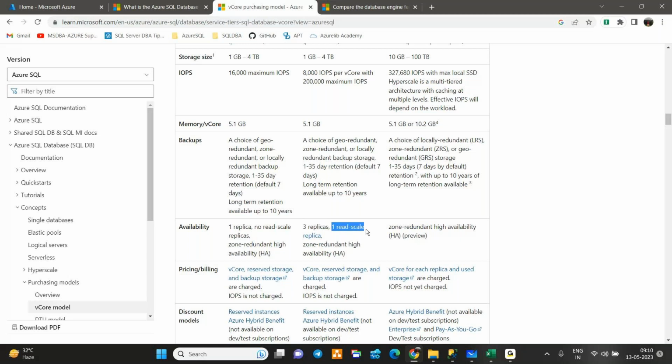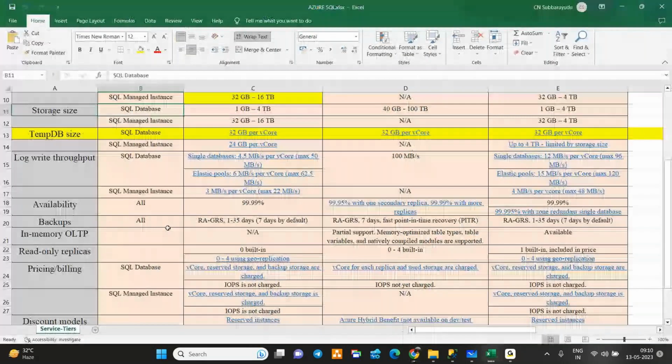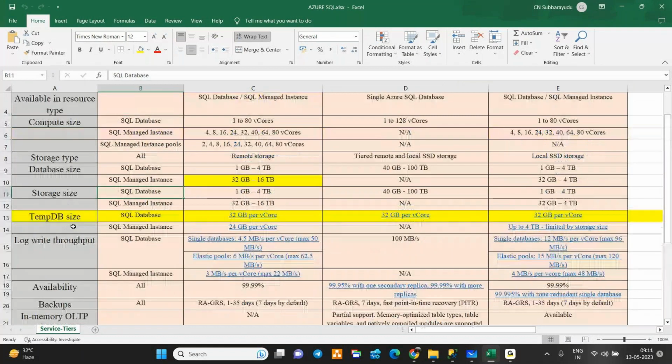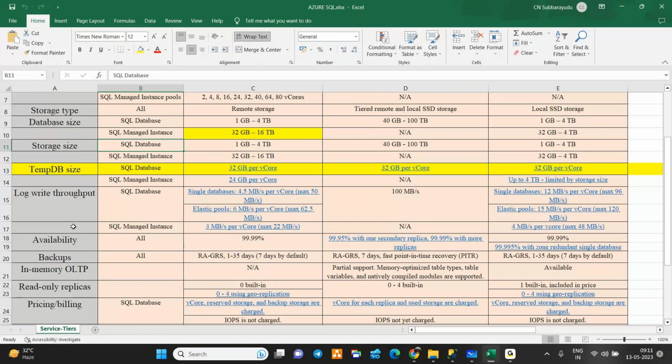Somewhere I mentioned, sir, about the redundancy. There is no built-in readable replica, sir, when you go for general purpose. But when you go for business critical, 0 to 4 usable geo replication, here 4 built-in replicas.